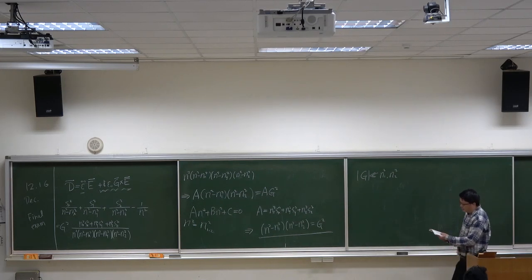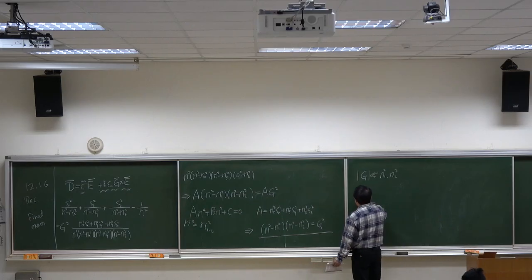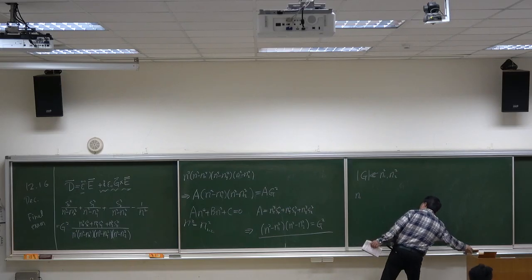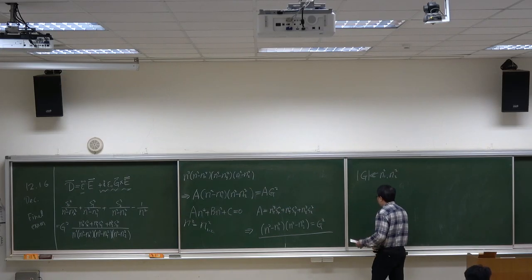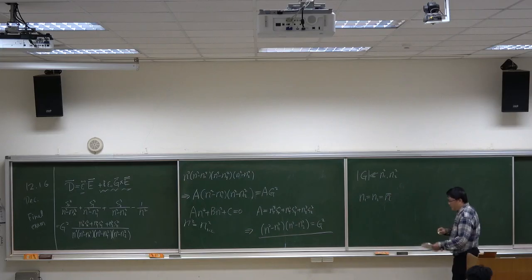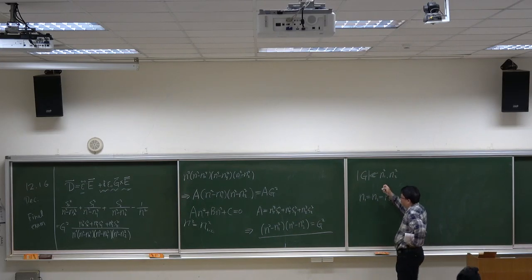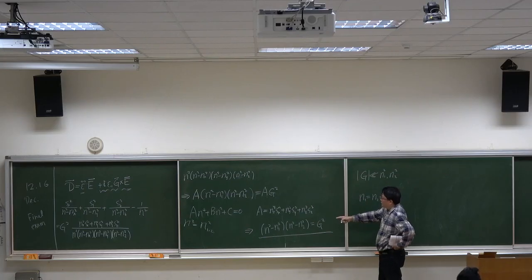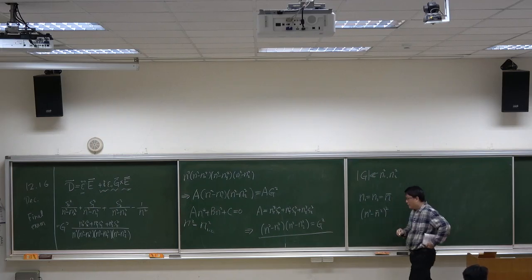Okay, suppose we have n1 equal to n2. Now we consider this situation. Suppose n1 is equal to n2 equal to n bar. Then we can discuss how to derive the modified n. In this case, we have n squared minus n bar squared squared equal to g squared.